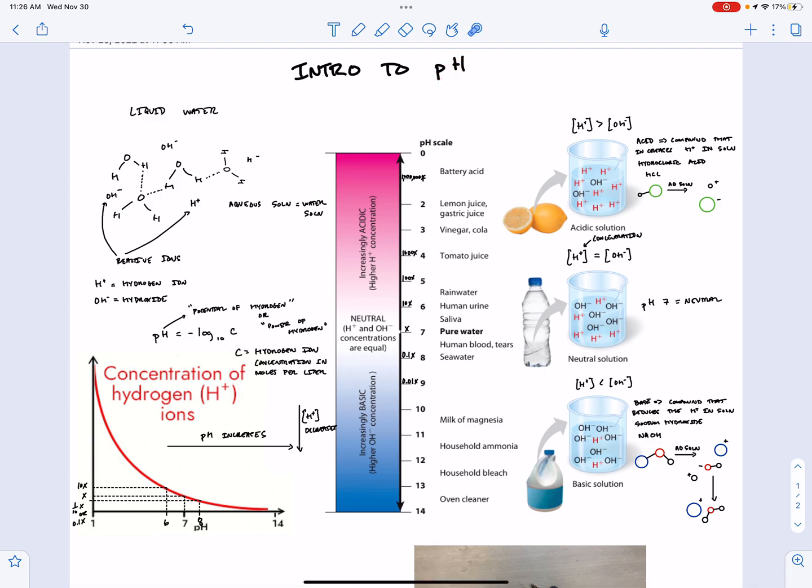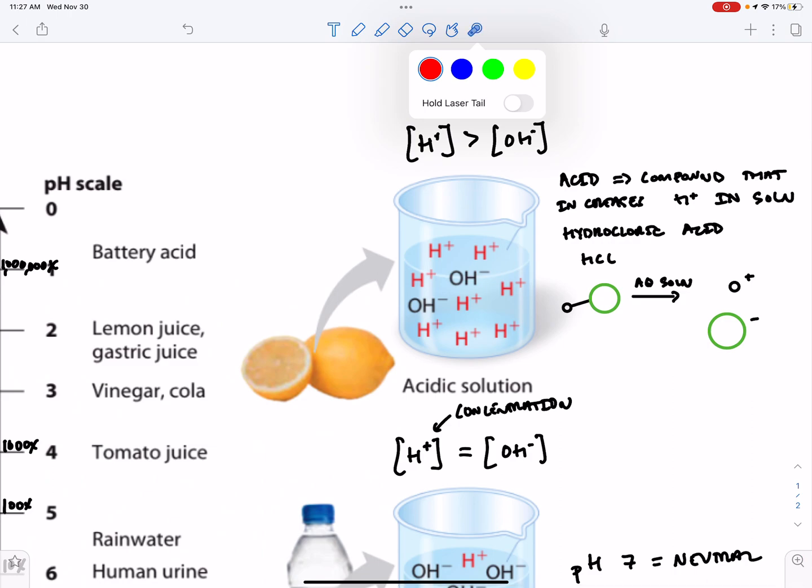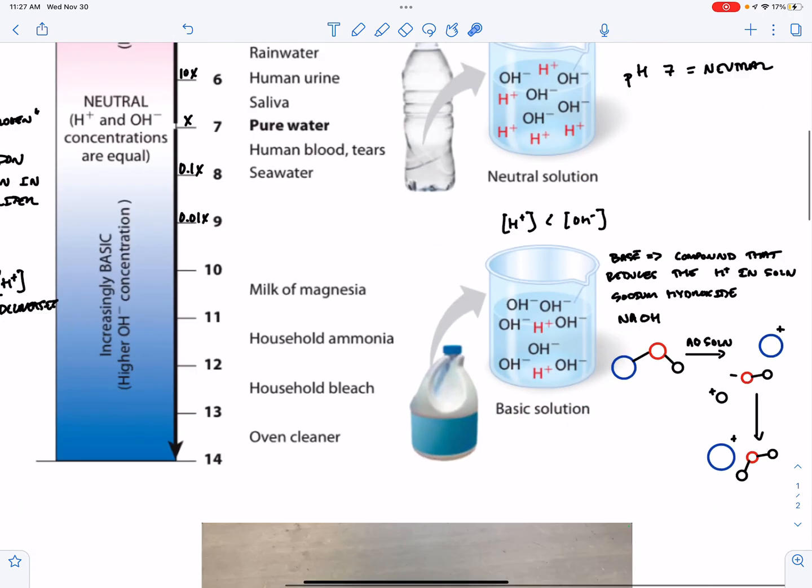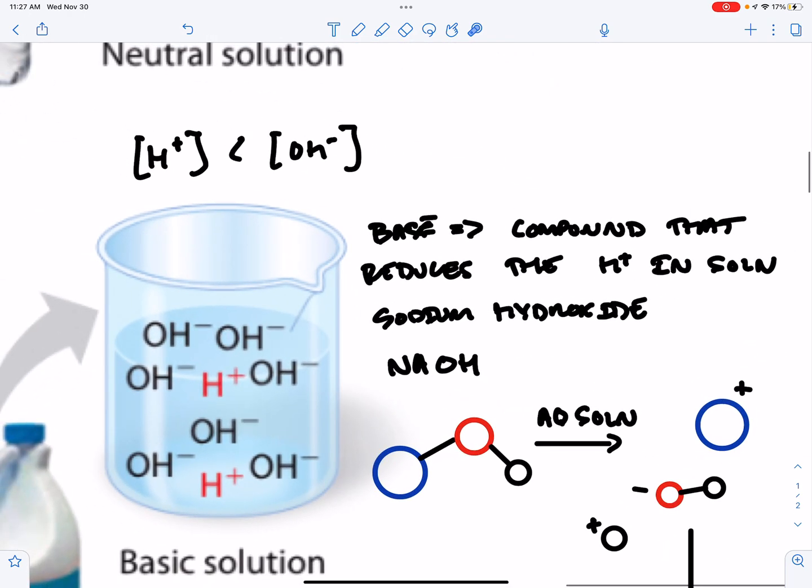I want to draw your attention to an important idea in the pH as well, especially when we're talking about biochemistry, is that if we have very acidic things, this means we have a lot of hydrogen ion in solution. And you need to think about the role that having a lot of free ions in solution is going to do to structures. If you have a really basic solution, you have a lot of free hydroxide ion in solution.